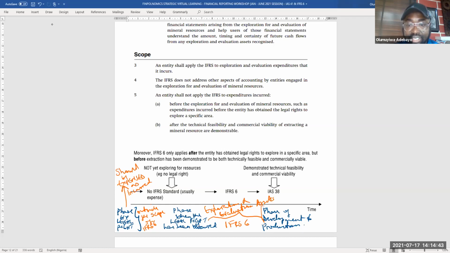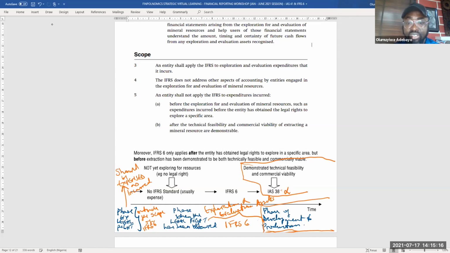Now, thereafter, those costs, depending on your use of successful effort method or full cost methodology and co, which are outside the scope of IFRS, this developmental and production phase, these exploration costs will now have to be accounted for majorly under IAS 38 for the aspect of intangibles.